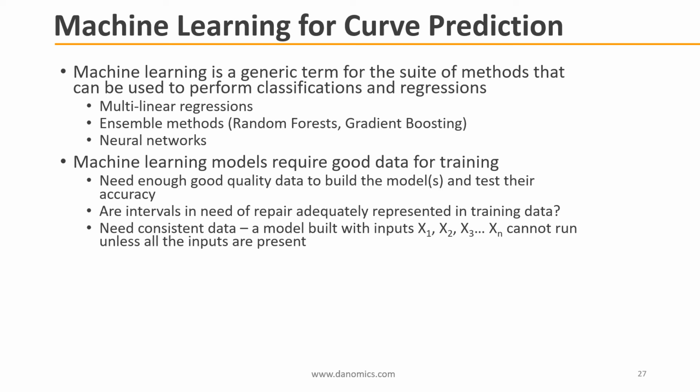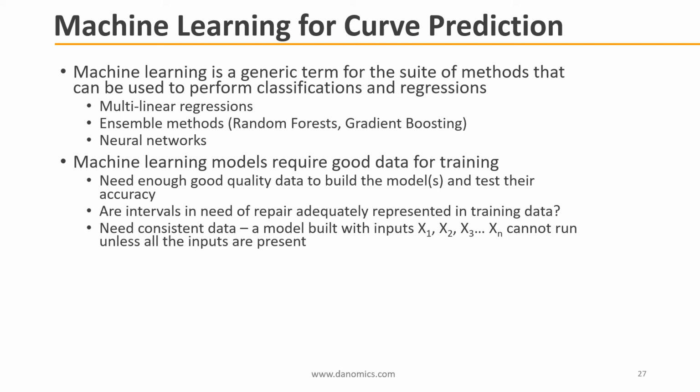They often require a lot of data, so you need to make sure that you have enough good quality data to build the model and to test its accuracy. And are the intervals that you need to repair adequately represented by the training data that you have available? So that's always a good question.